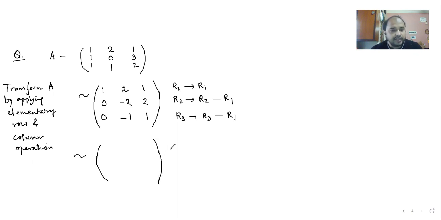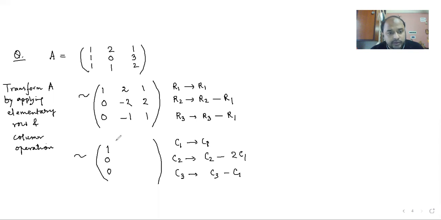Then I'm going to do a column operation. What is that? Column 1 will remain the same, and column 2 can be changed in the following manner. I can subtract twice column 1 from column 2, and I can subtract column 1 directly from column 3. So what do I get? I get 1 0 0, and twice of this will be subtracted from column 2.